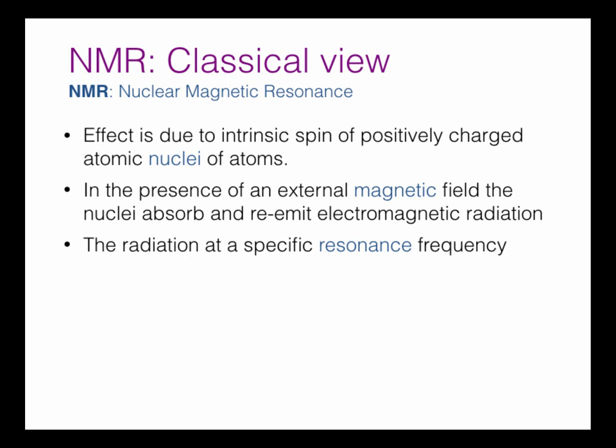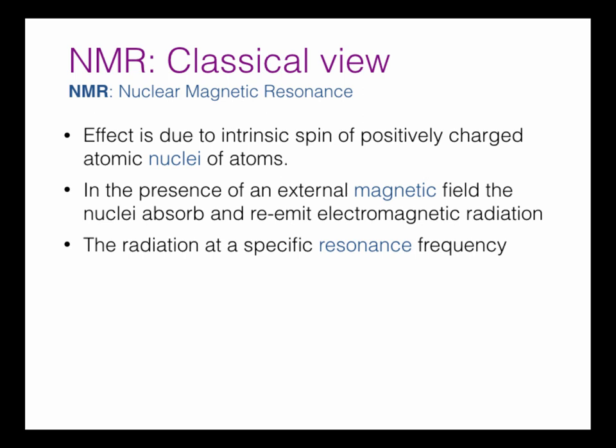So basically, MRI is based on nuclear magnetic resonance, and this is an effect due to the intrinsic spin of the nuclei of certain atoms, and in particular, we're looking at the hydrogen nuclei of water molecules, which we tend to refer to as protons, but obviously they're not just free protons, they're part of water.